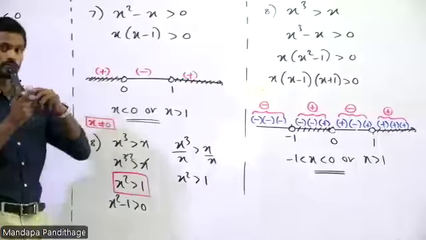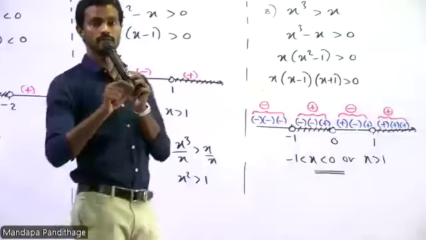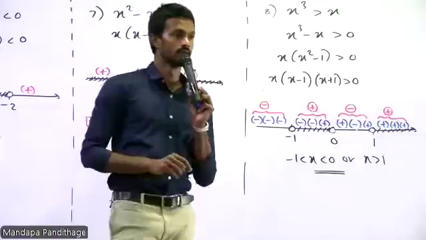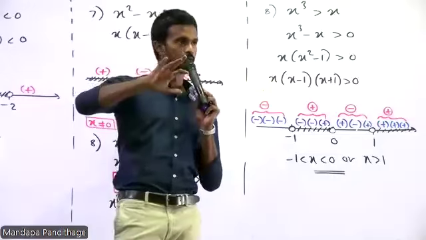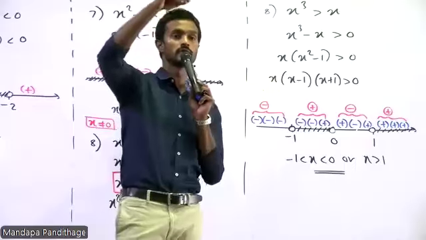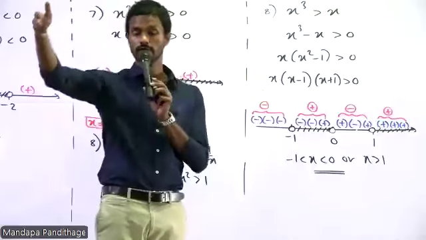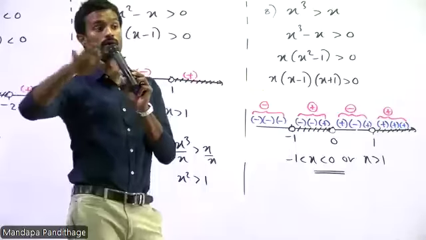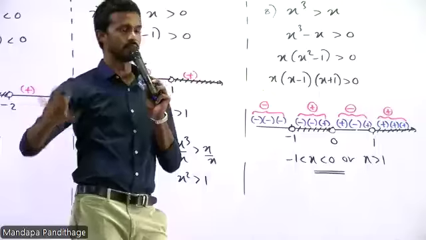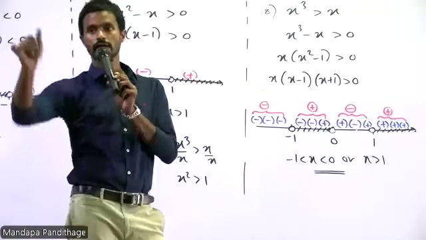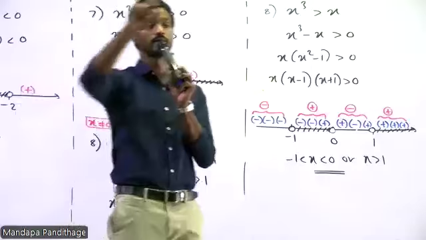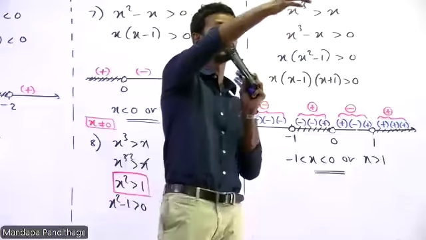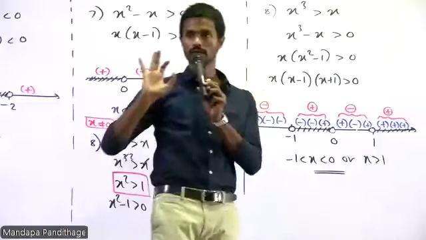Okay. So now tell me what is the rule you know about the division of inequality? Can we divide an inequality by any number? Can or can't? We can divide, but there's only one thing. If we are dividing by a positive number, the sign remains unchanged. But if we are dividing by a negative number, the sign changes.